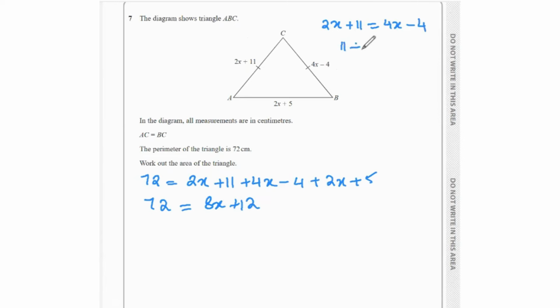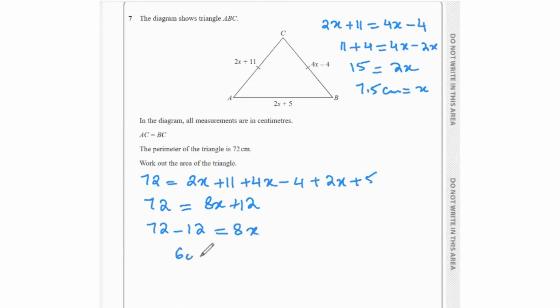So 11 plus 4 equals 4x minus 2x. 15 equals 2x, and that is 7.5 centimeters for x. So over here, we do 72 minus 12 equals 8x, which is 60. Divide both sides by 8, and that also gives us a value of 7.5 for x.